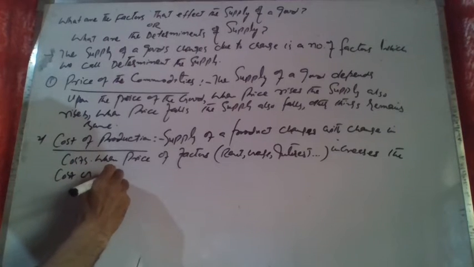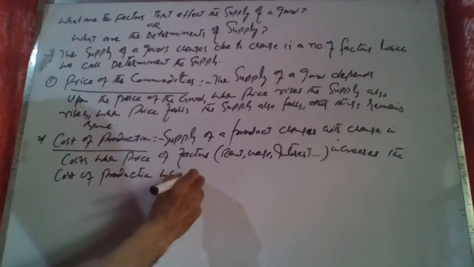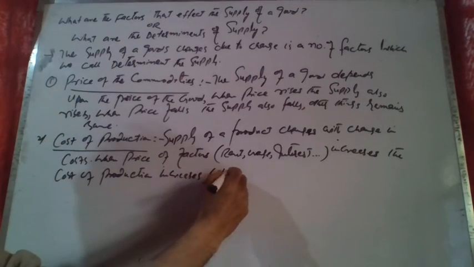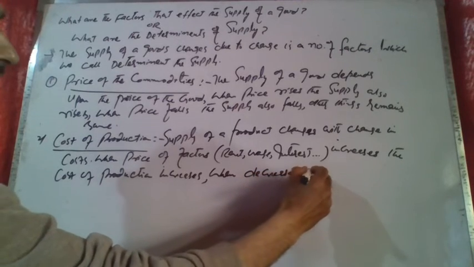The cost of production increases, which decreases the supply.